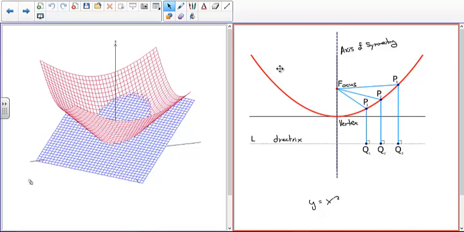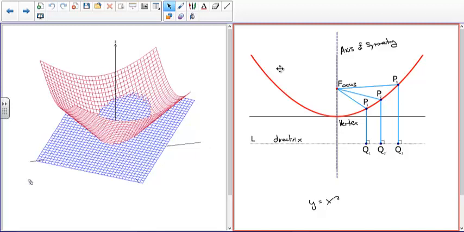And then every point on this parabola is defined such that the distance to the directrix, this horizontal line, if you take a perpendicular projection from this horizontal line up to here, is the same as the distance from the focus to that point.